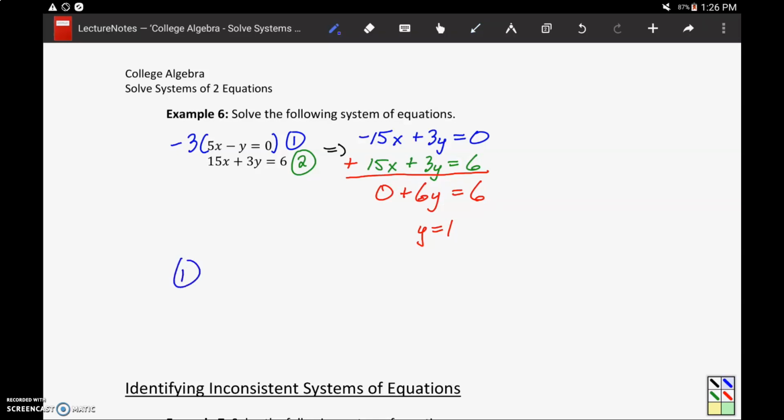We can go back to our first equation and then substitute in the value that we found for y, and use that to solve for x. So this would give us 5x is equal to 1, or x is equal to 1/5, giving us the coordinate pair (1/5, 1) as the point of intersection between those two lines.